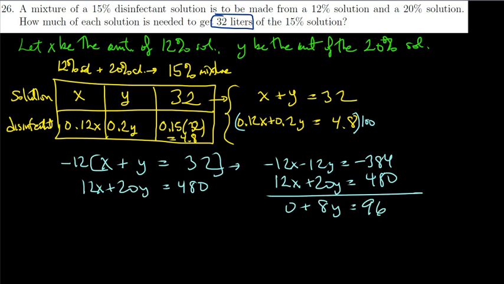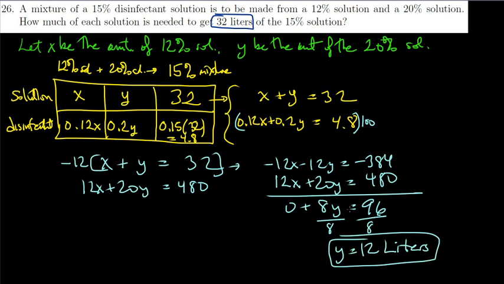And 96 divided by 8 is 12. So y is 12. 12 liters, right? You can abbreviate. So that's the amount of the 20% solution. What about the 12%? Well, right, we know that x plus y equals 32.